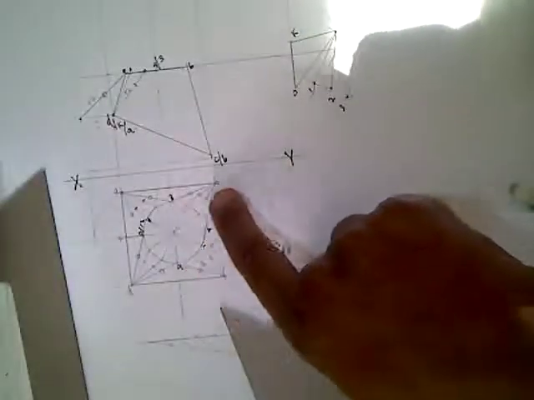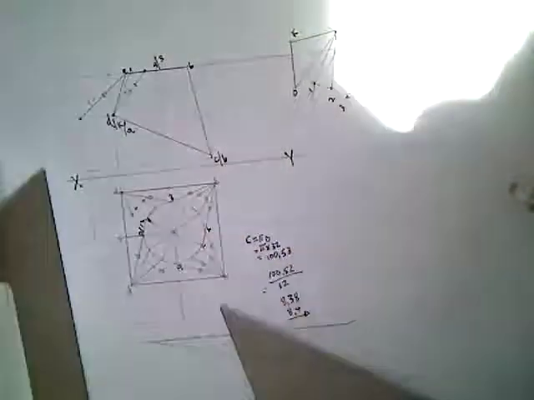Now, as we look for B, we must move from 3 to B. 3 to B is the one with an X. One with an X, we have not established its true length.